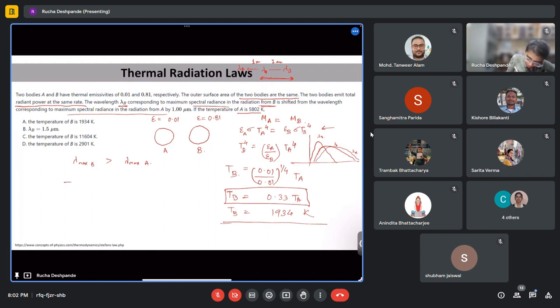So TA is approximately 3 times TB, and we also know that modulus of lambda A minus lambda B is equal to 1 micrometer, and we found that lambda B is greater than lambda A, so we have lambda B minus lambda A is equal to 1 micrometer.